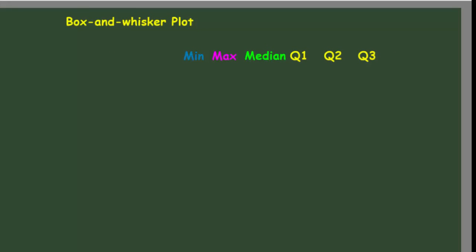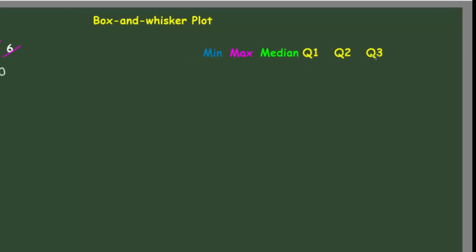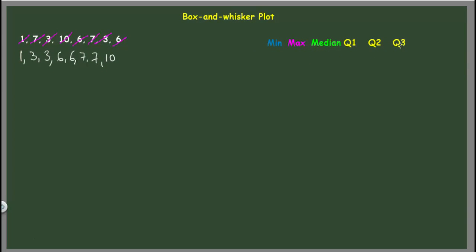So now these are the values we need to complete this action of generating the box and whisker plot. We need a minimum, a maximum value, a median, Q1, which is the first quartile, Q2, the second quartile, also the median, and Q3, which is the third quartile. So Q2 and median are the same.